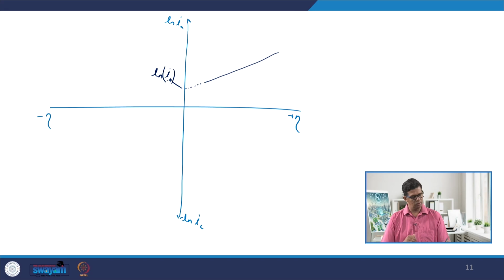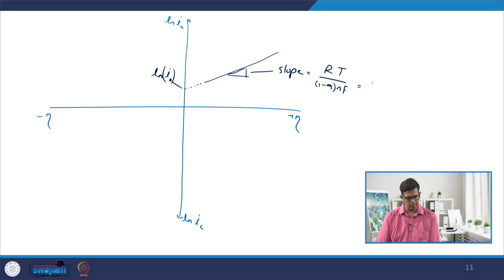When eta is 0, whatever current we get from the equation is your exchange current, or ln of I naught, which can eventually be converted into the relation that gives the exchange current value. And this is the slope, which is RT by (1 minus alpha) NF, the term B from the equation.